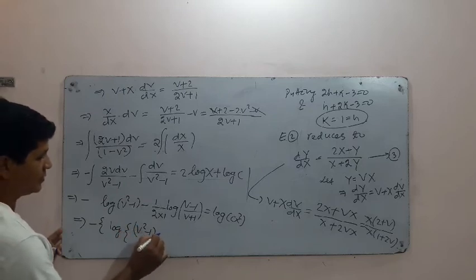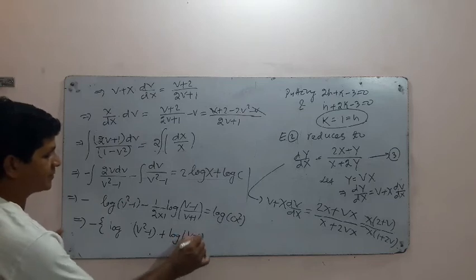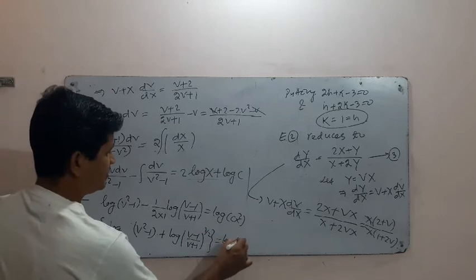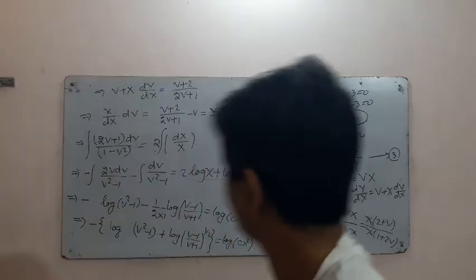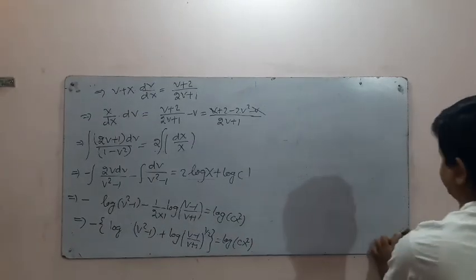Now for v we write minus of log of (v square minus 1) plus log of ((v minus 1) by (v plus 1)) to the power half. This is equal to log of cX square.